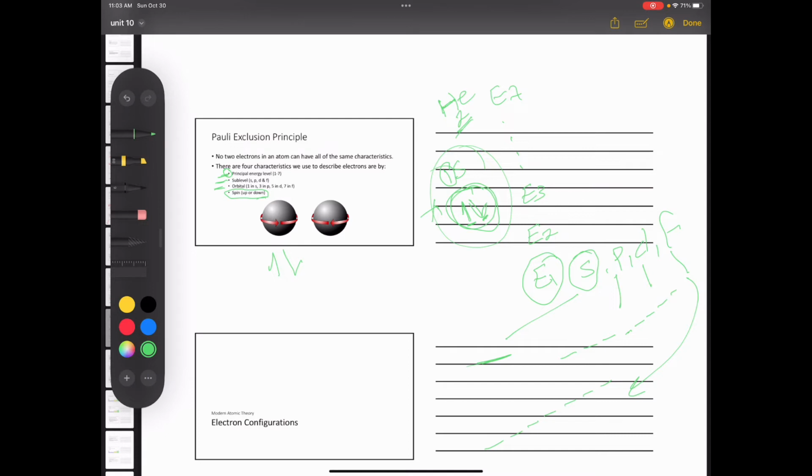Another electron could be sitting in the second principal energy level, on a P sublevel, occupying the px orbital, with the spin pointing downward. So this is basically the identification of any electron. That way we can give a pretty accurate and precise description for any electron in any electron configuration.